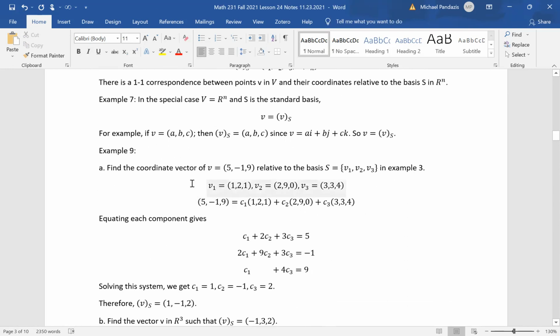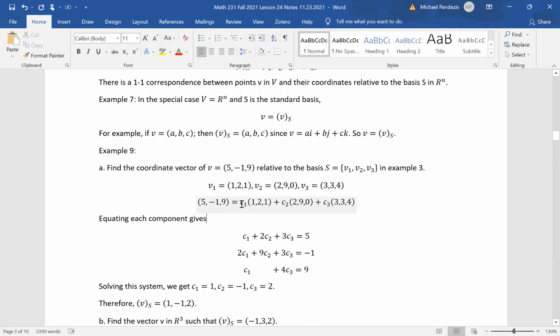In example 9, part A, we have to find the coordinate vector of this vector V relative to this basis from example 3. So we have these three vectors, v1, v2, and v3, and we want to find the coordinates of V relative to the basis containing those three vectors. Equivalently, we want to take this vector V, (5, -1, 9), and write it as a linear combination of v1, v2, and v3.